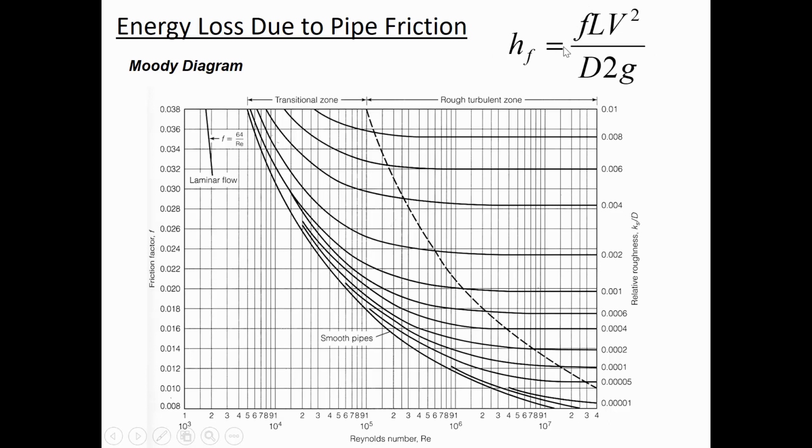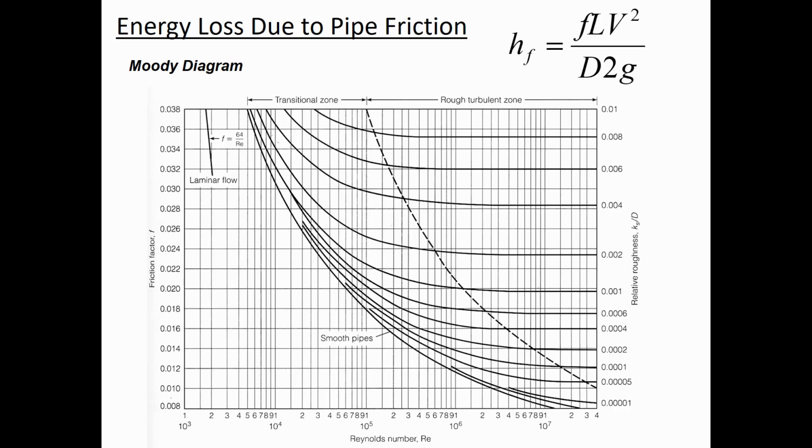But sometimes the trick with that is that you don't know what the velocity is when you start solving the Darcy-Weisbach equation. And so just using this can be iterative because you have to know the velocity to find the Reynolds number, and you have to know the Reynolds number to get the F value, but then the flow velocity depends on the F value.